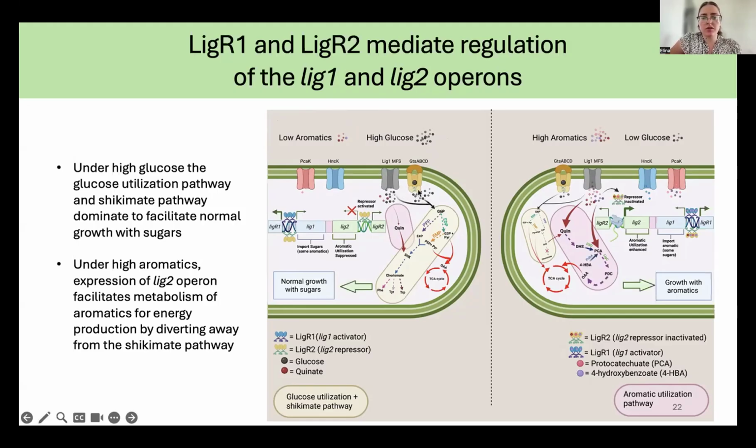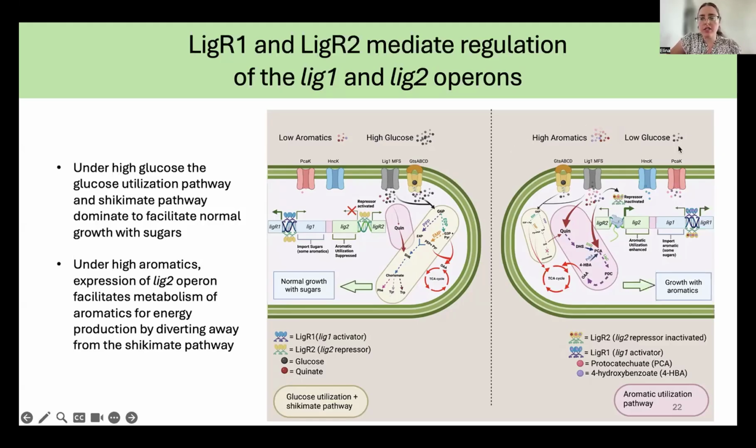However, most of this glucose is diverted to the ED pathway for glycolysis, or for energy production, sorry. And then any aromatic compounds that are imported get redirected to the shikimate pathway for production of chorismate and the 3 aromatic amino acids. And this sustains normal growth. In this case, the Lig2 operon is repressed, and that's why you're seeing this redirection back to the shikimate pathway.